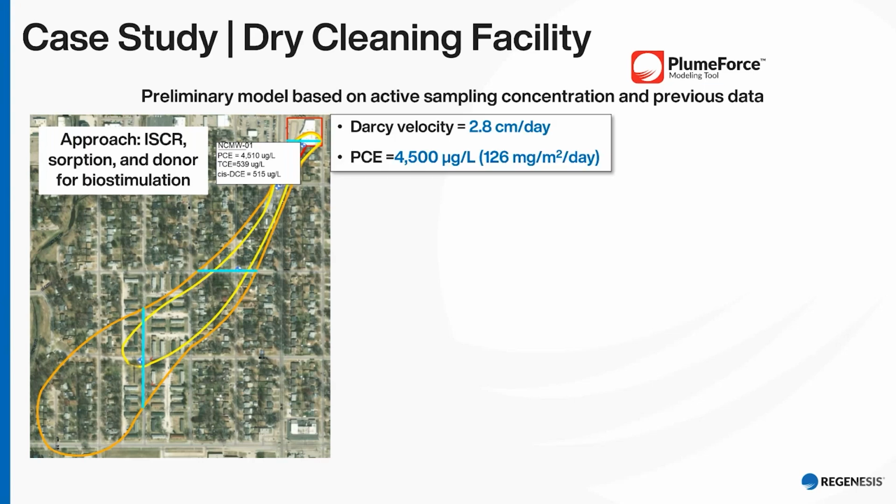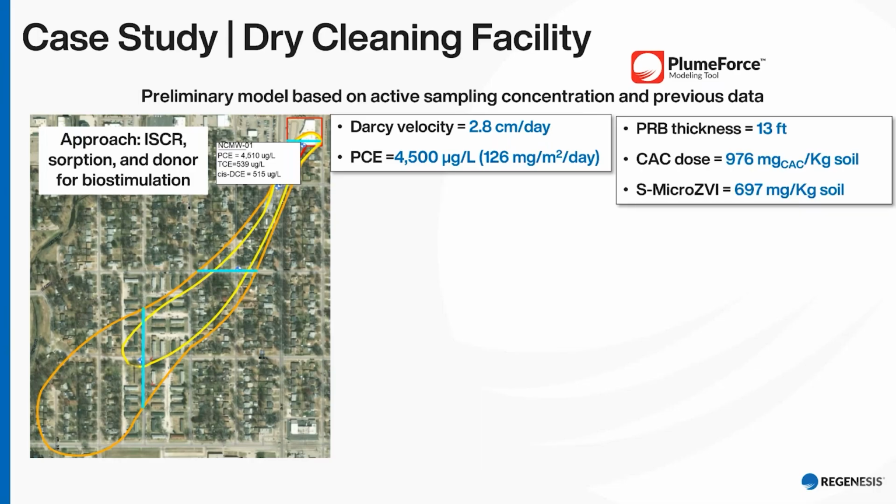The input data is a Darcy velocity of 2.8 and a PCE of 4,500, which translate into a mass flux of 126 milligrams per square meter per day. The output of the model was a PRB with a thickness of 13 feet, with colloidal activated carbon dosing and S-microCVI dosing as well.